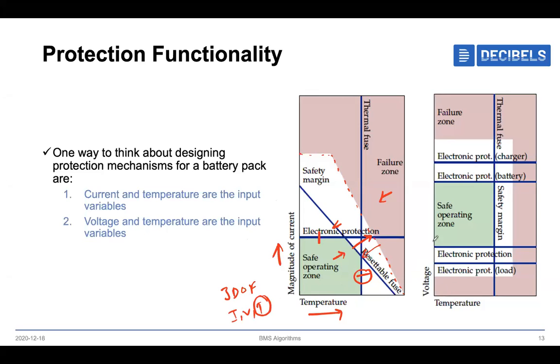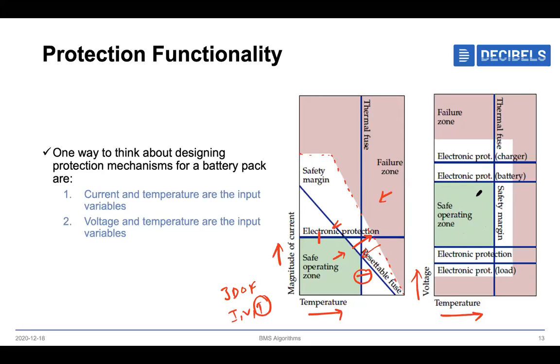This is the second example: the measured temperature and the measured voltage. The thermal fuse remains the same, the red zone represents the limitations of the manufacturer, and the green is our safe operating zone designed by ourselves after keeping the safety margin. In voltage we have two things, because in current there is only one thing, either discharge or charge, but here we are both charging and discharging.